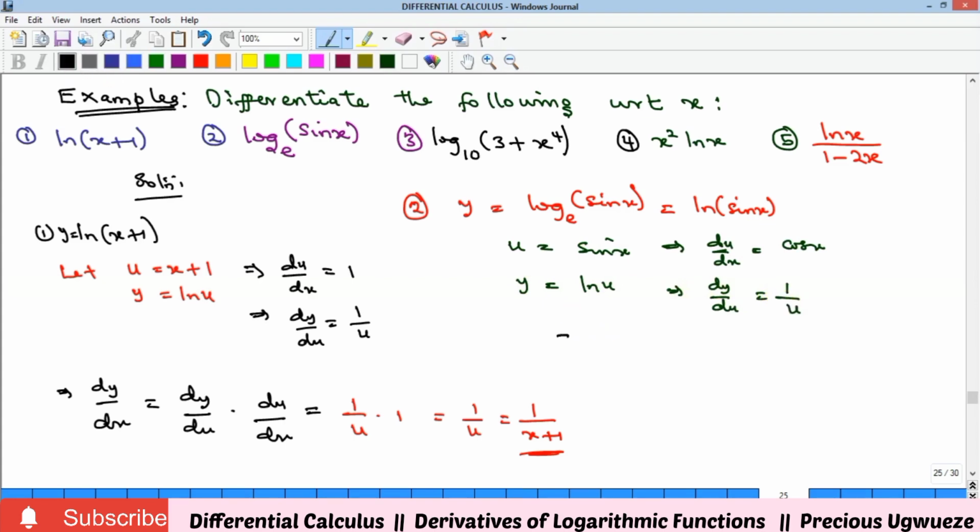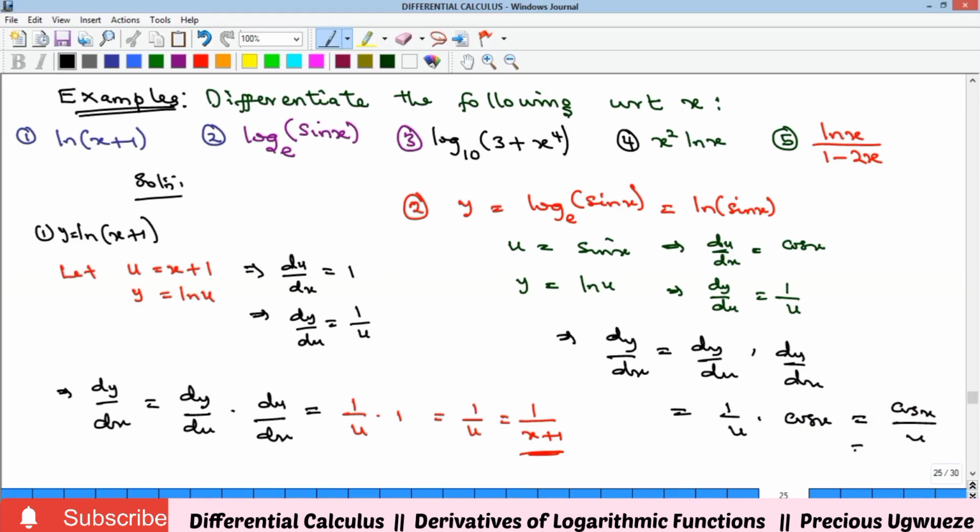So that implies that our dy dx by chain rule is equal to dy du times du dx. Okay, so what is our dy du? 1 over u multiplied by du dx, which is cos x, and this is going to give you cos x all over u. And what is u?